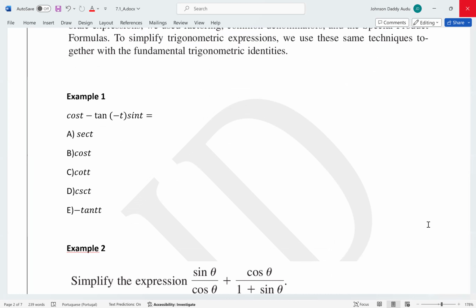To simplify, we have to think of various identities. For example, here, we can start by writing this as cosine t minus tan of minus t times sine t. So we can use the fact that tan is odd, so this minus can come out.